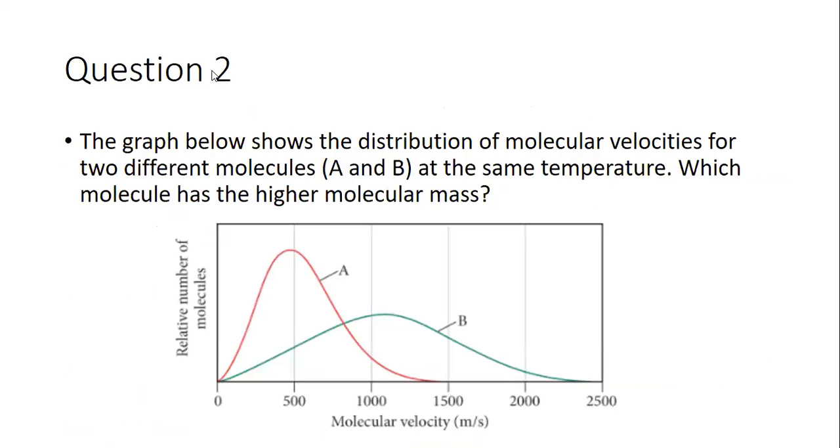All right, so what we're going to begin with is a question to think about molecular velocities and temperature. I have two different molecules, A and B. They're the same temperature. Which molecule has the higher molar mass? I have a poll for this, so don't answer in chat.